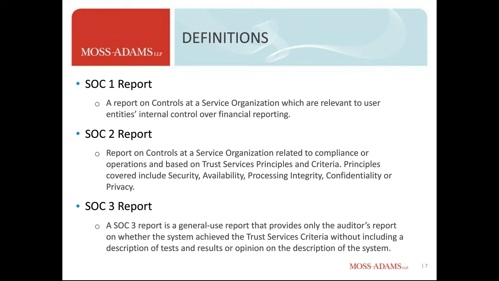When selecting a SOC 2 report, a service provider can select one or many of these different criteria. The only one that comes, I would say, standard is the security criteria, which includes common criteria of the other four. So if you have security and also want to add availability, you can have a SOC 2 report issued with those two principles, or you can have all five.